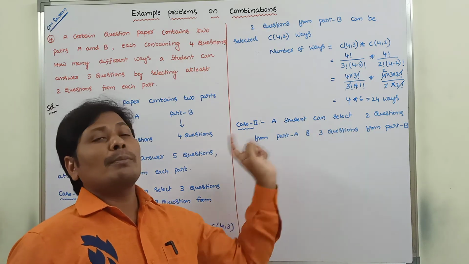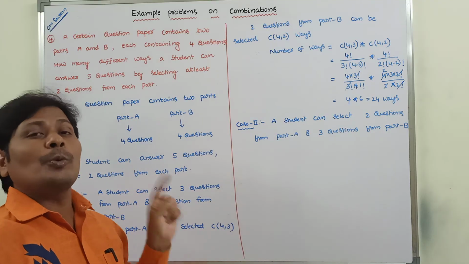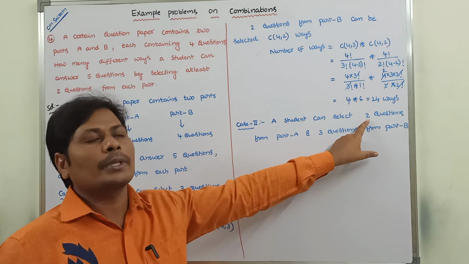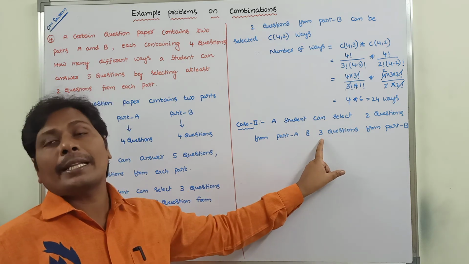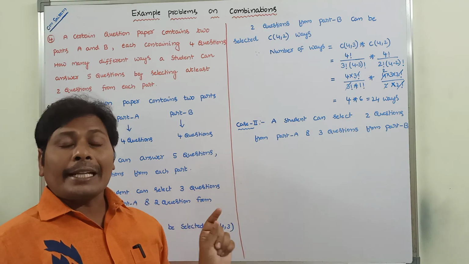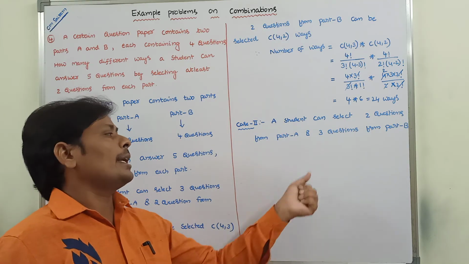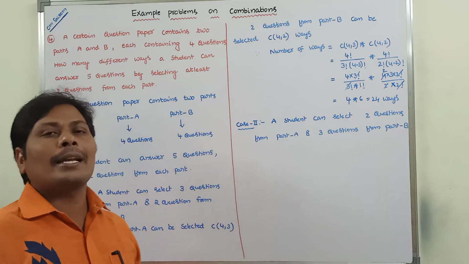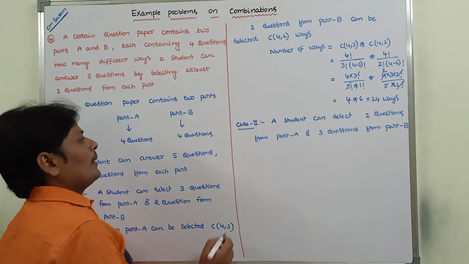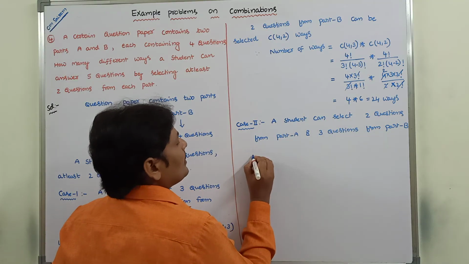From each part at least 2 questions can be taken. Here 2 is greater than or equal to 2, yes it is true, and 3 is greater than or equal to 2. At least 2 means greater than or equal to 2. So the condition is true.